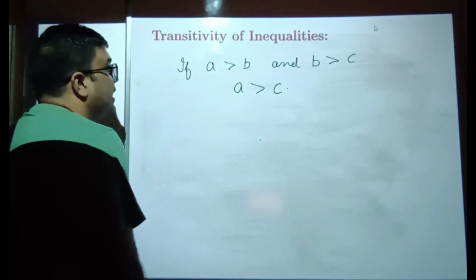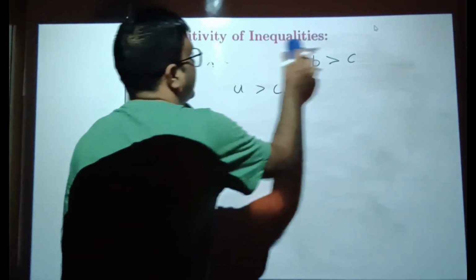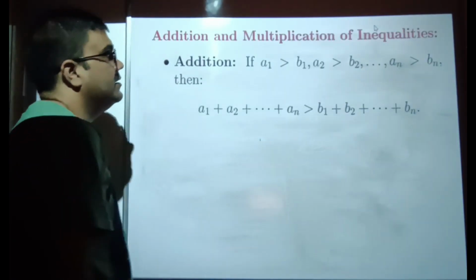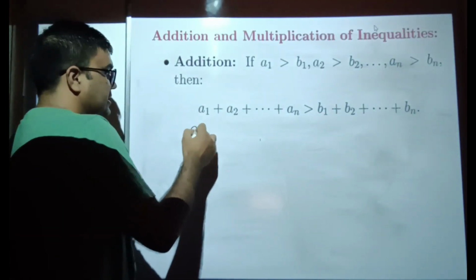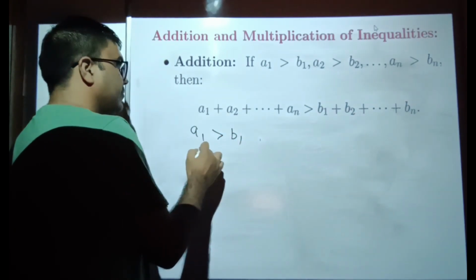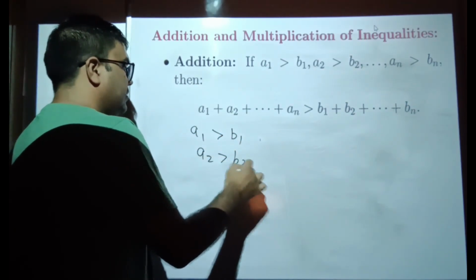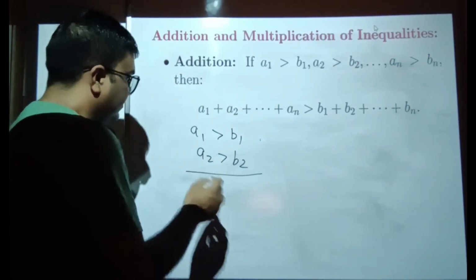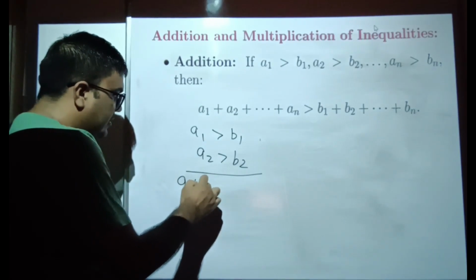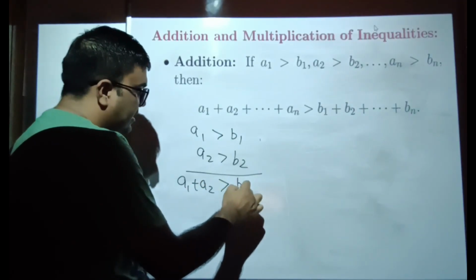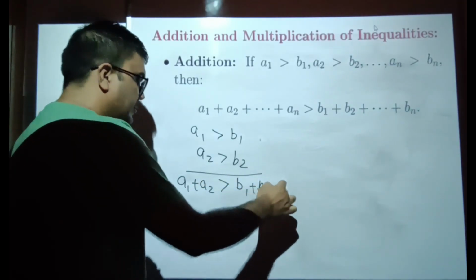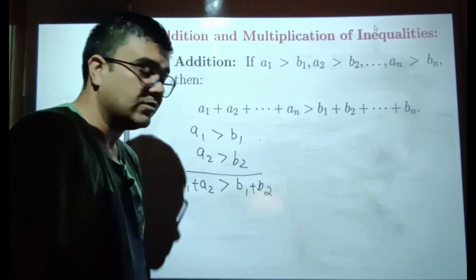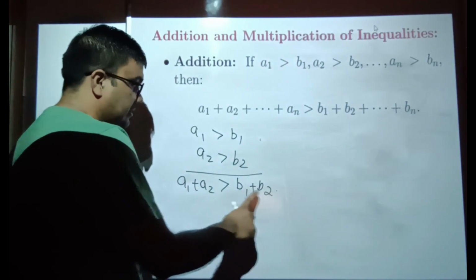Next is adding or subtracting two inequalities. These inequalities are given to us: A1 is greater than B1, A2 is greater than B2. We can add these inequalities. We will get A1 plus A2 is greater than B1 plus B2.